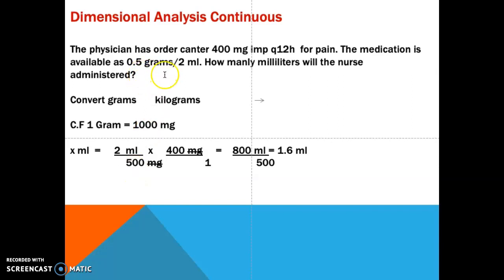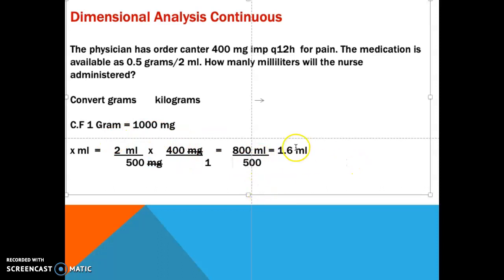So we have 0.5 grams is equal to 500 milligrams, and the doctor's order is 400 milligrams. So milligrams and milligrams cancel out. 4 times 2 is 800 divided by 500 is 1.6 mL. So the nurse will administer 1.6 mL of Cantor for pain.